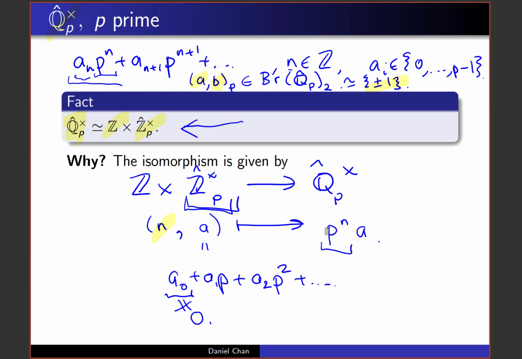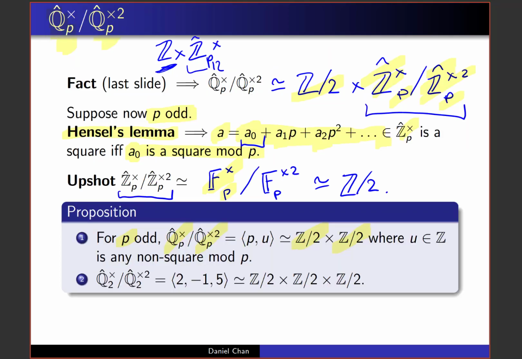It gets mapped to p, and if you have a trivial here, so it's just 1, you'll just get p. So one of the generators, the 1 here, gets sent to p. So that's one of the generators on the next slide. So you have p is one of the generators, generating this copy of Z mod 2. And what about the other one? You'll need to have some element of this bit here.